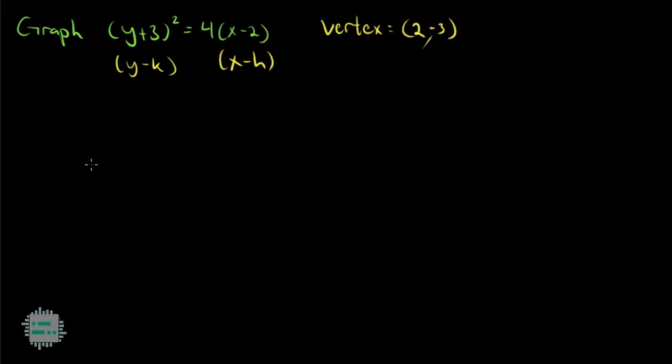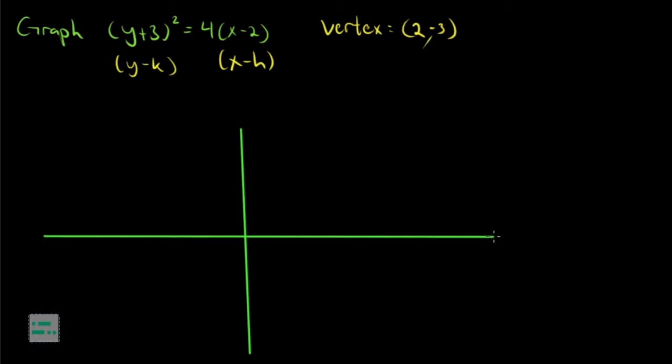Meron ka ng vertex, agad-agad sa iyong Cartesian plane, pwede mo na yan i-plot. Pwede mo na yan i-locate. So, try natin. Draw tayo ng ating axes. Arrowheads para alam natin na forever yung mga lines na yan. And the vertex is located at 2, negative 3.